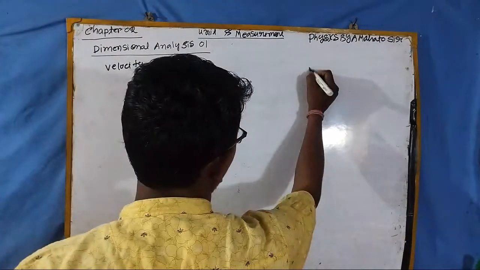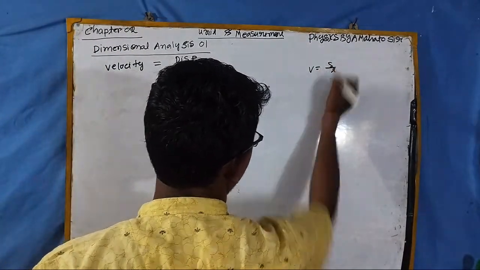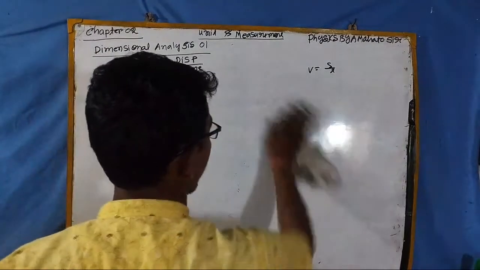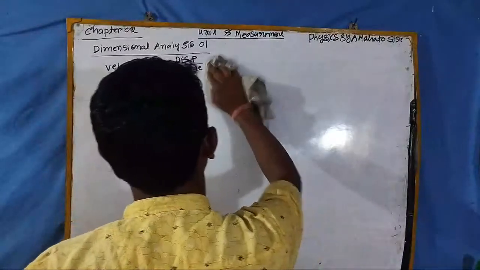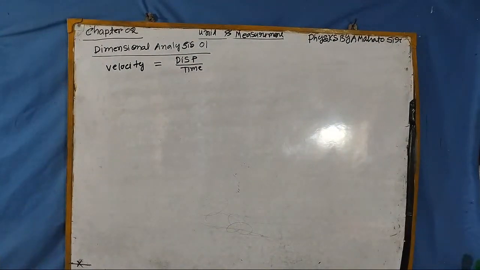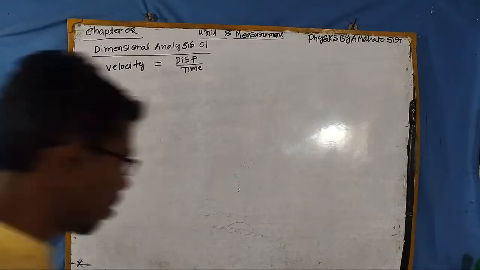We know v equal to s by t. S is the displacement, t is the time. So velocity equals displacement upon time.